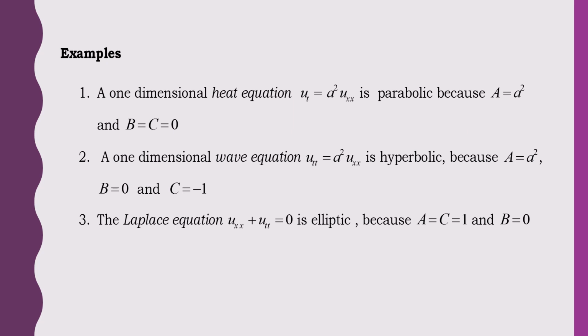For this equation, b square minus 4ac is positive because b value is 0, capital A value is a square and c value is -1. If we find b square minus 4ac, we get a square. Hence, b square minus 4ac is greater than 0.